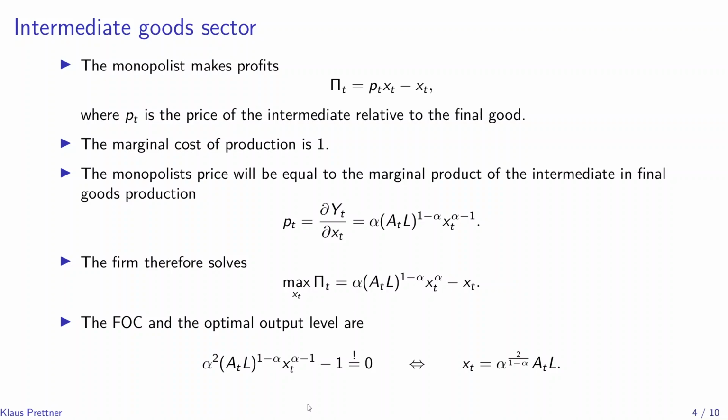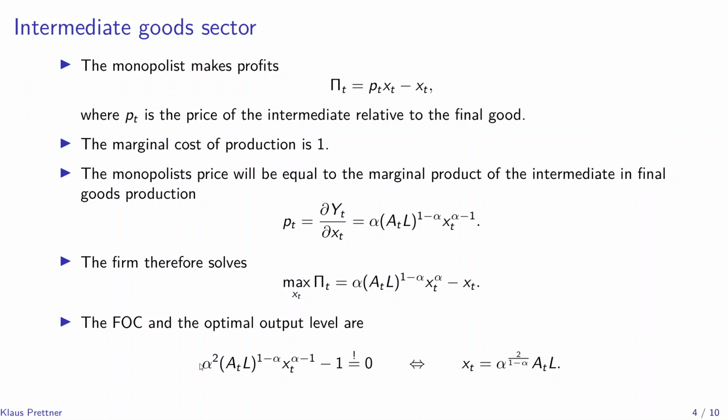The individual steps for this calculation can be easily seen. So we bring first the minus 1 to the right hand side. So we have then plus 1 on the right hand side. Then we divide by alpha squared A_t L to the power of 1 minus alpha, which we have then on the left hand side 1 divided by this term. Then we want to get rid of alpha minus 1 in the exponent, so we raise the whole expression to the power of 1 over alpha minus 1.